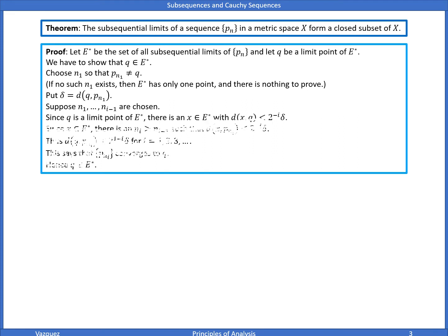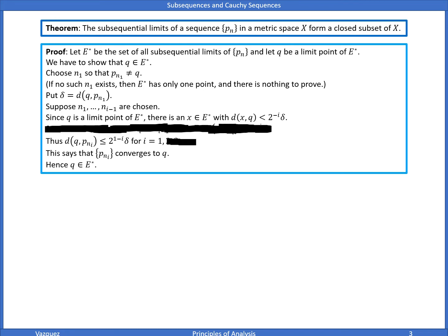Well, since Q is a limit point of E star, there's an x in E star such that the distance between x and Q is less than delta over 2i. Just so we don't get ahead of ourselves, this should be a delta.